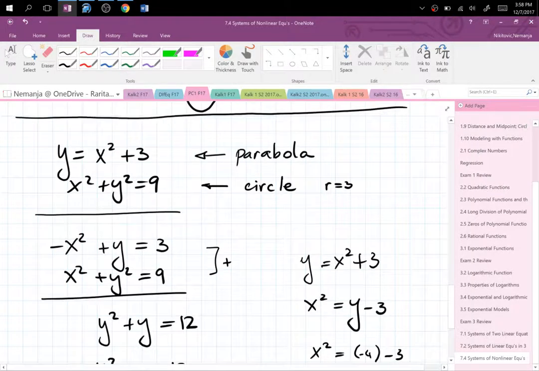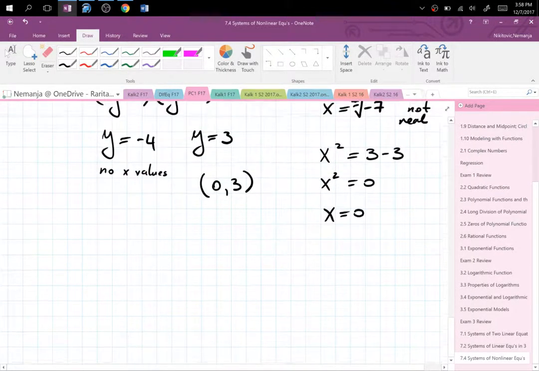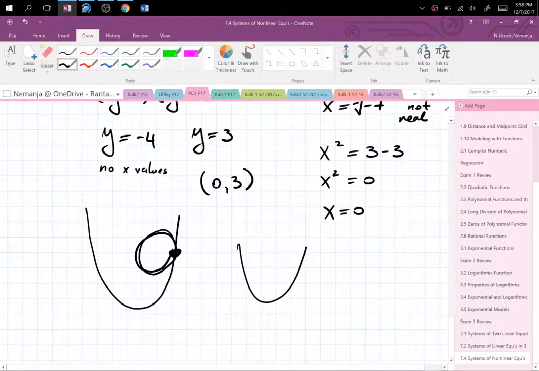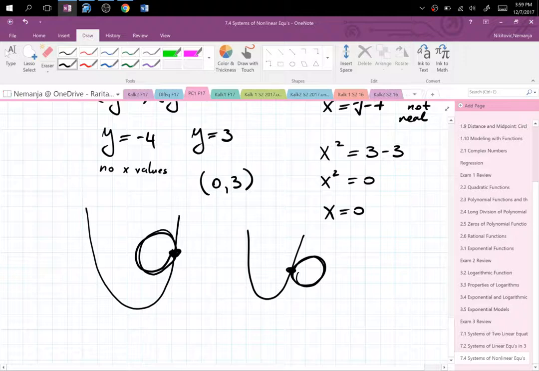So this graph looks, let's say, something like that, intersects at one point only. I mean, the circle could be on the other side. Without me going to graph this exactly, the circle is somewhere. So it's one or the other, but it's touching at the one.